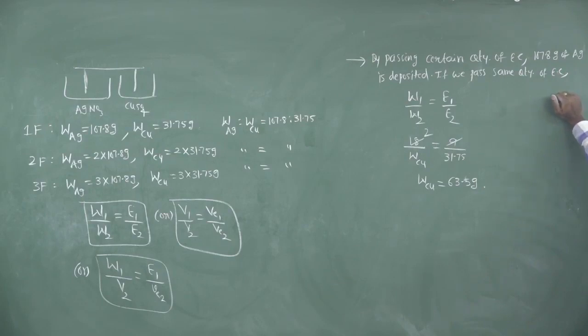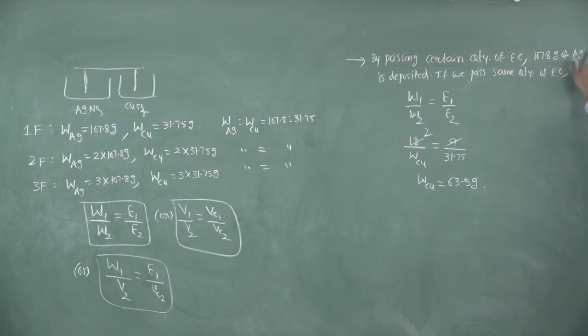If we pass the same quantity of electric current, what is the volume of hydrogen gas evolved? 11.2 liters, right?